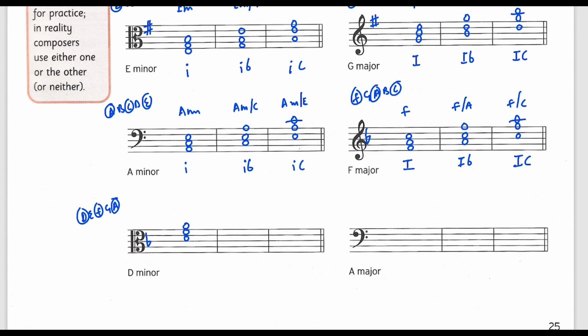Right. Next one we start from F, A. We got B, C, and D here. Okay. Right.